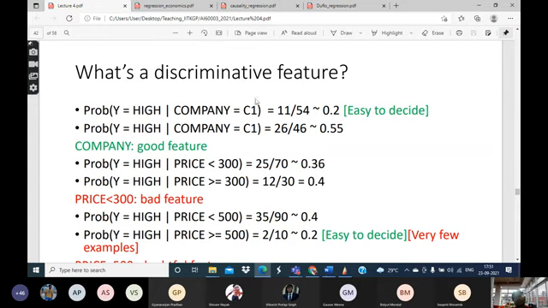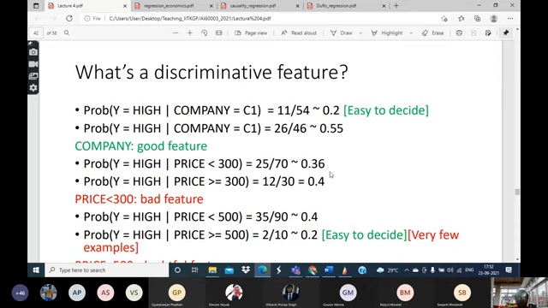If company is C1, then the probability that the camera will get a high rating is quite low, 0.2. But if the company changes to C2, pardon the typo here, then the probability of getting a high rating increases from 0.2 to 0.55, which is a drastic increase. So we can say that this is a discriminative feature.